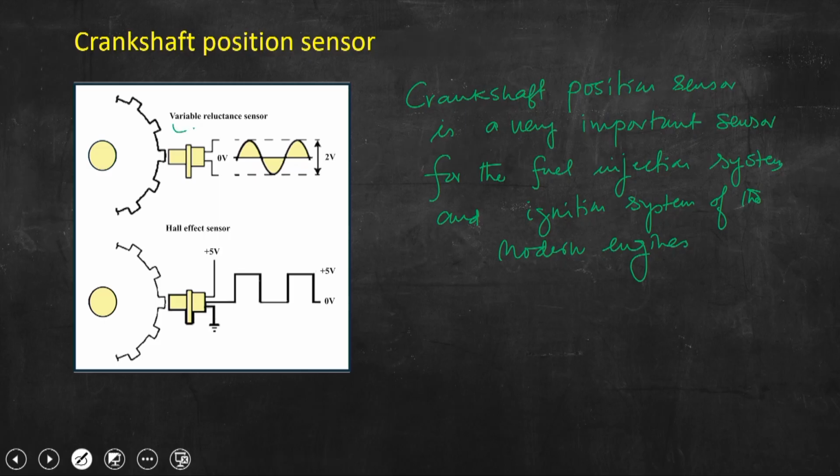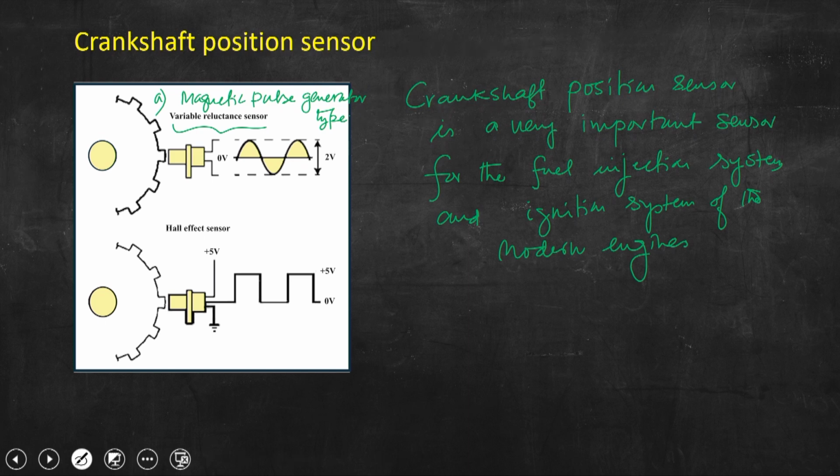One is the variable reluctance sensor, which is also known as magnetic pulse generator type sensors.